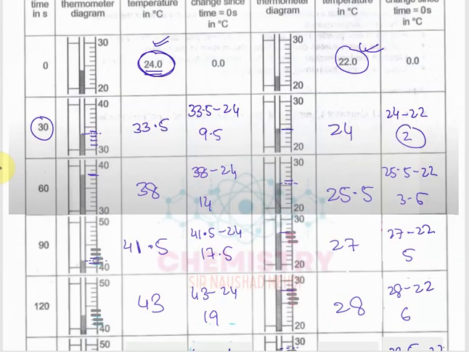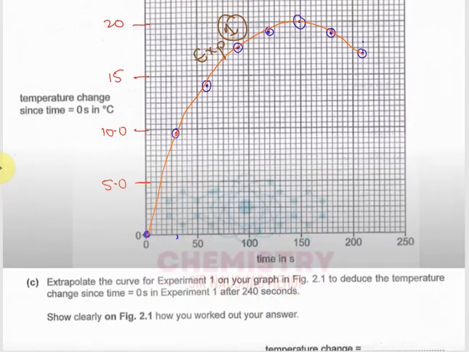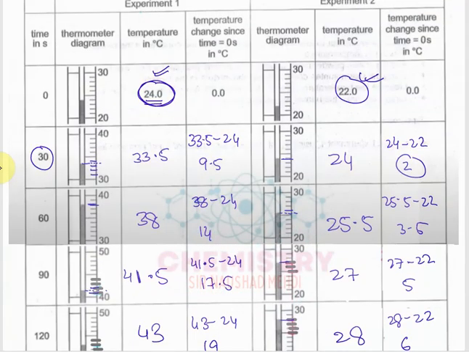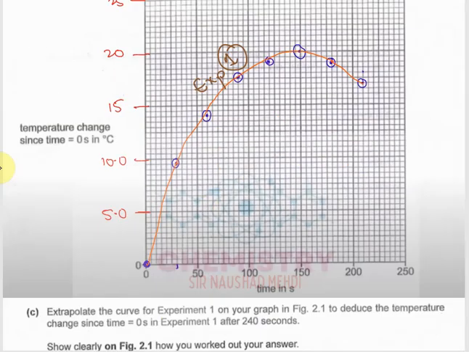Now similarly you have to draw it for experiment number 2 also. So it starts from 0, and then at 30 we have 2 degrees.